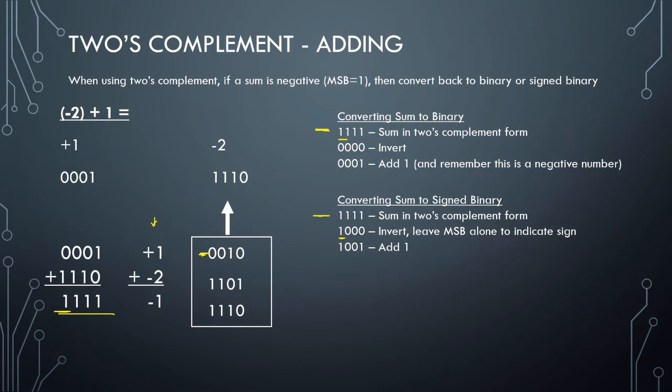So likewise, when we convert from 2's complement to signed binary, we leave that most significant bit alone. So we invert everything and then we go ahead and add 1, and this is the signed binary representation of -1. So you can do it either way, it just depends which form you want: a binary form or a signed binary form.